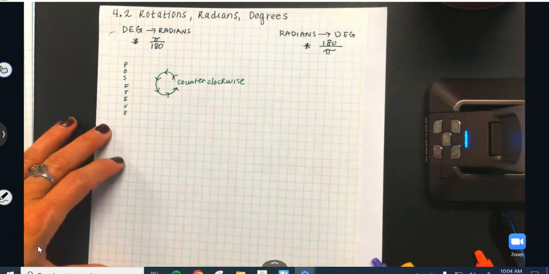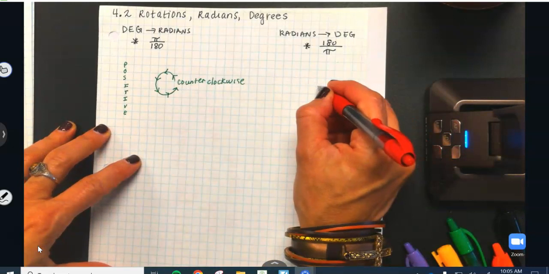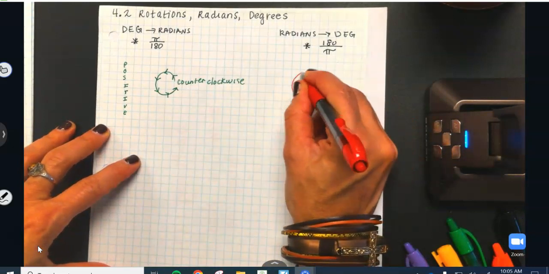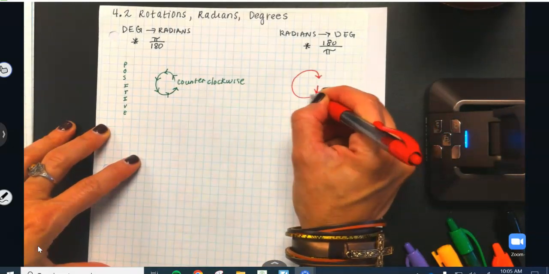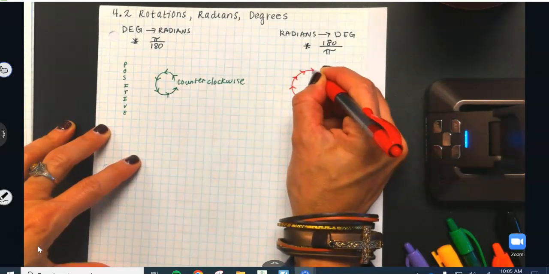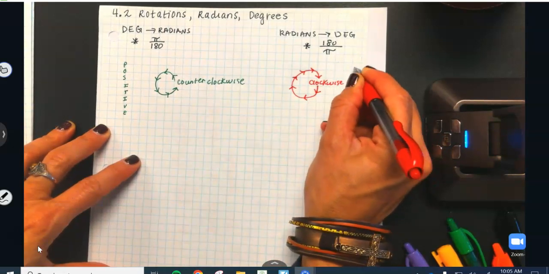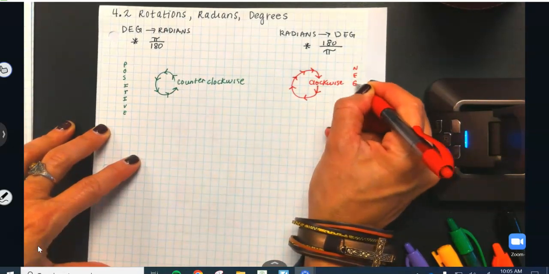We're also going to draw negative arrows. If I draw a negative arrow, what I would do is I would just go down. This is called clockwise. And remember, this is negatives.